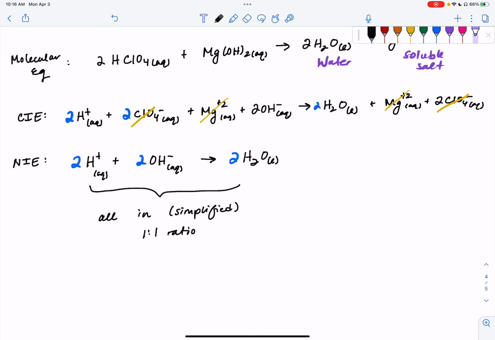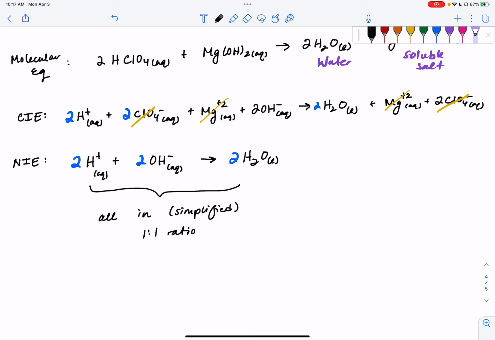Because if we think about what does it take to make water, that requires 1 H and 1 OH. That would make 1 H2O. So all of these would be in a 1-to-1 ratio. These are all in a 2-to-2 ratio, which simplifies to 1-to-1.